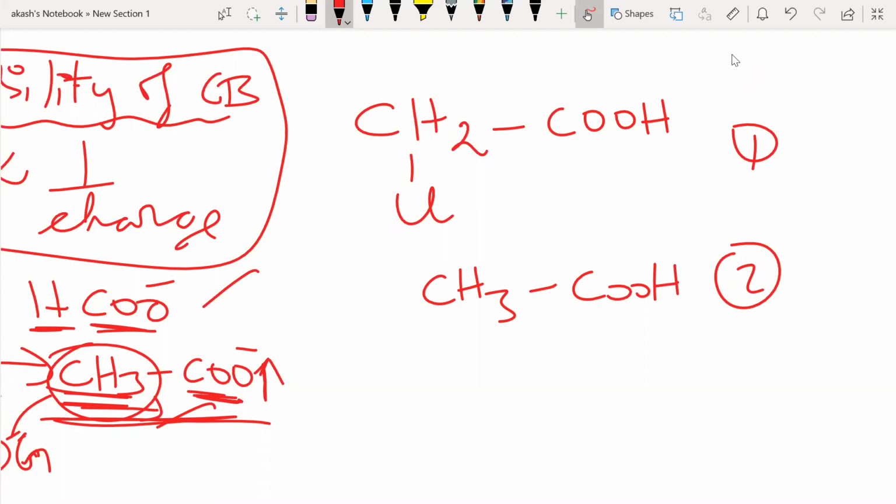CH3COOH, sir. The first one is CH2C and COOH. Answer is 2, sir. 2 is more acidic than 1. I think so, sir. Okay, fine. Anybody else? One vote that 2 is more acidic than 1.